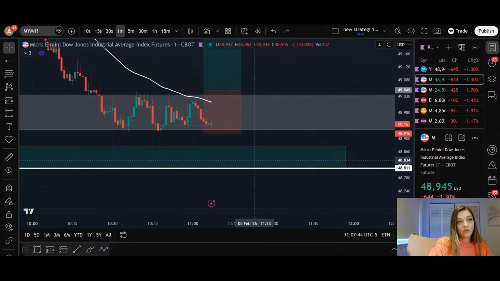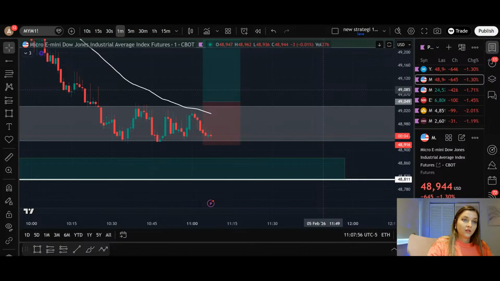If the candle closes it, it will fall badly. That's why I'm always waiting for the confirmation. I don't just get in on rejection of the areas or breaking. I'm waiting for the confirmation. It's either a retest or, for a rejection of the area, the price to go below or above the EMA.